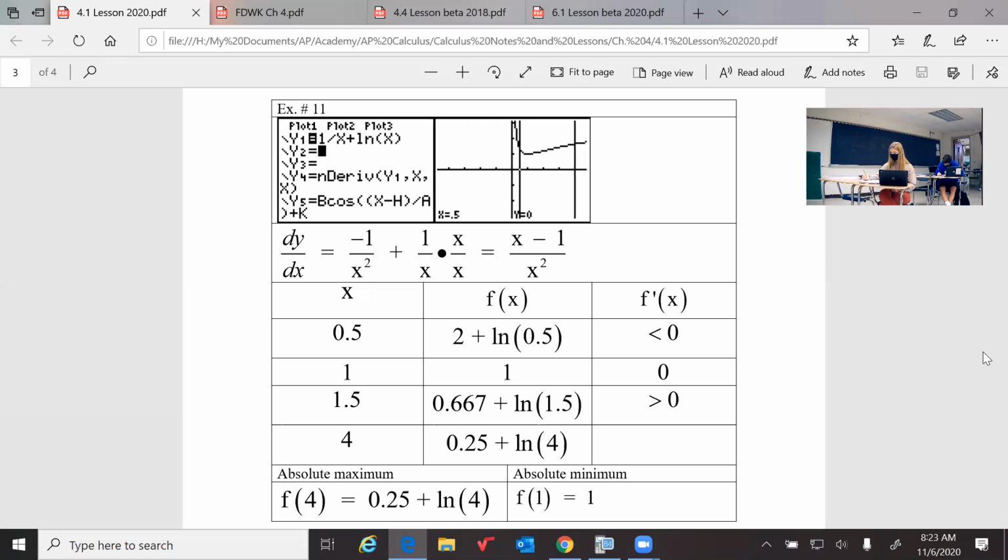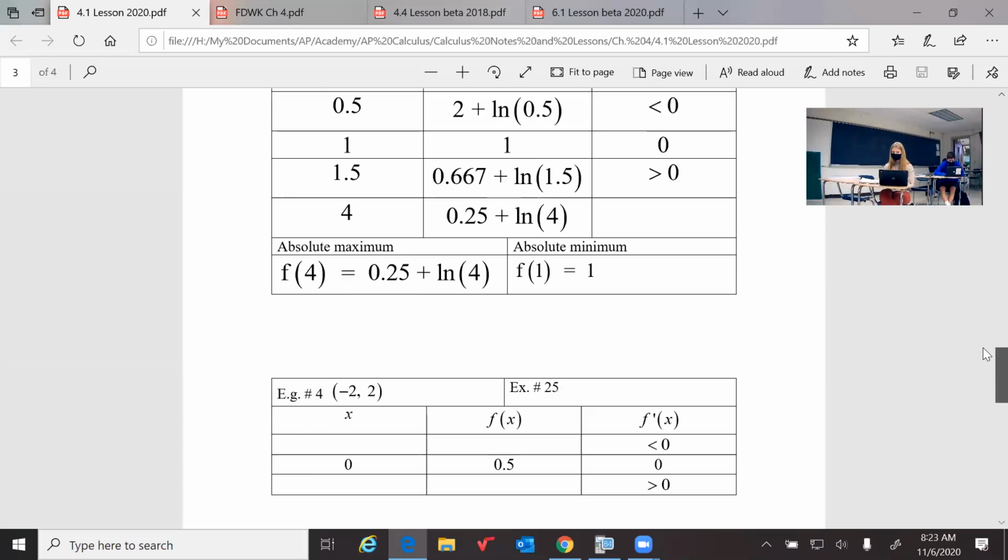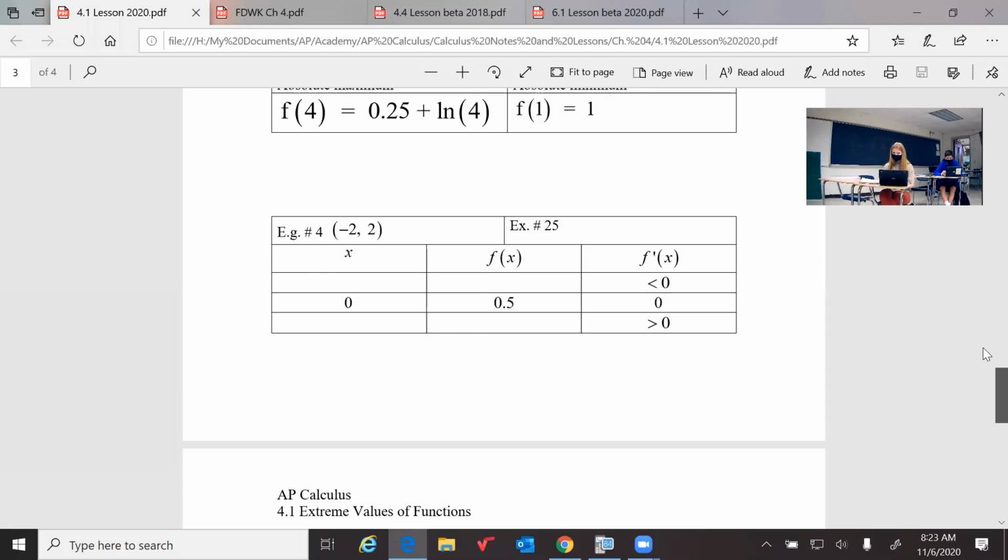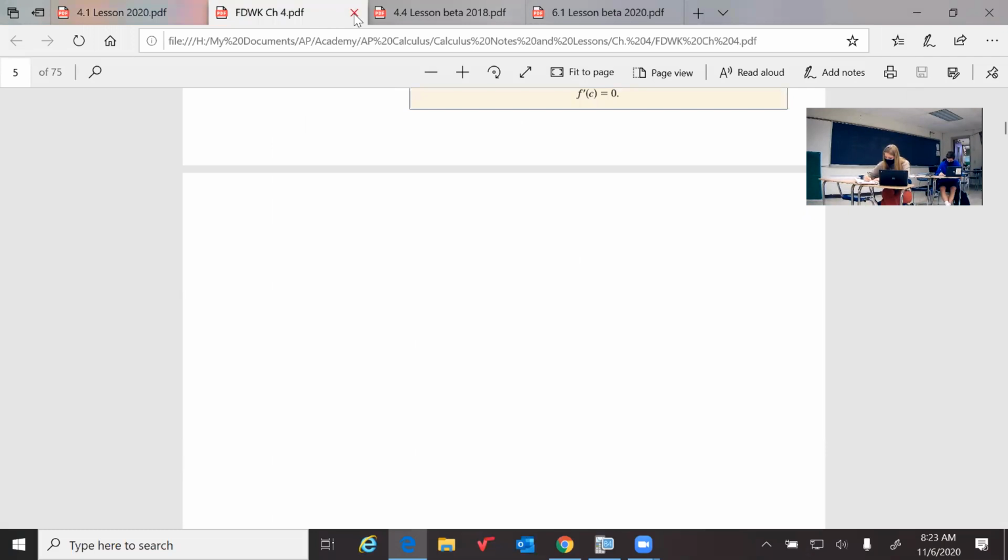Okay? So, we are going to go to the next example, and it's an open interval. I'm going to go to the book. I think I lost this picture.